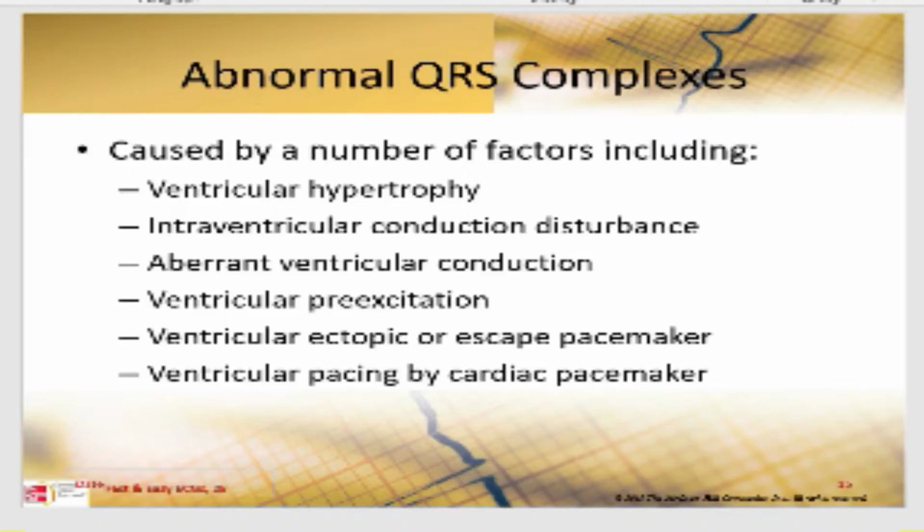A lot of different things can cause an abnormal QRS. Ventricular hypertrophy, and we just talked about what hypertrophy is. So if the ventricles are not good effective cardiac muscle, it'll give you an abnormal QRS. An aberrant ventricular conduction is pretty common, and it will produce a wide QRS complex. Ventricular pre-excitation is a shorter than normal PR.